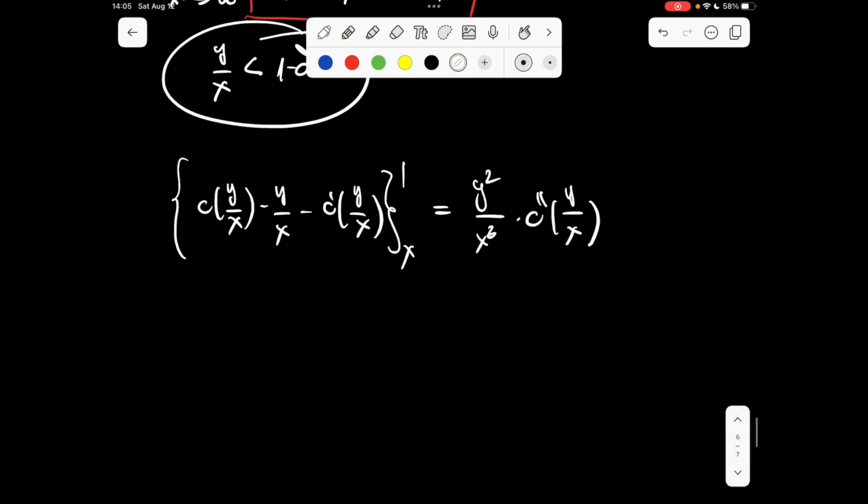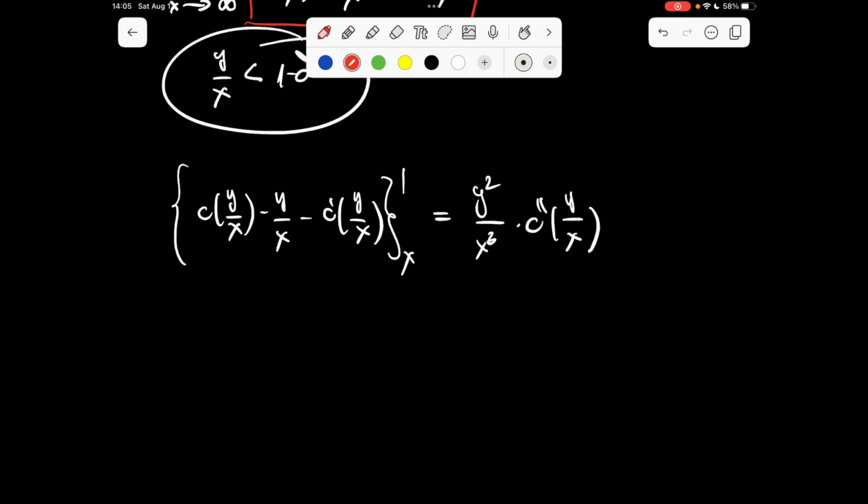Because of the strict convexity of the cost function, it's positive. It is positive, and we have all the necessary facts now.